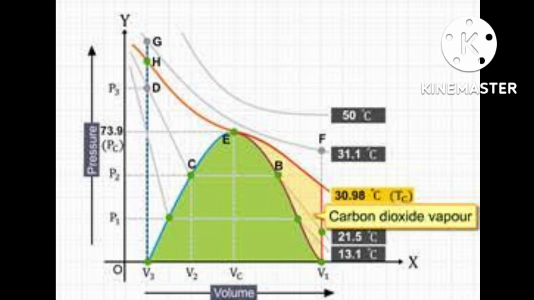You have seen in water also, ice is converting into liquid, liquid is converting into ice. Okay, that time also equilibrium is there: solid, liquid, liquid, solid.